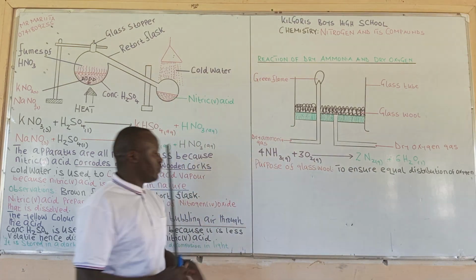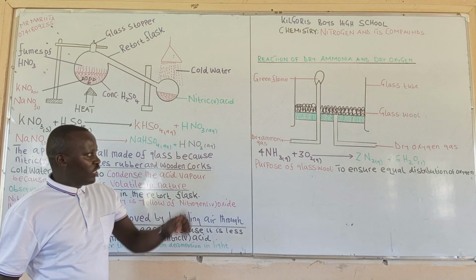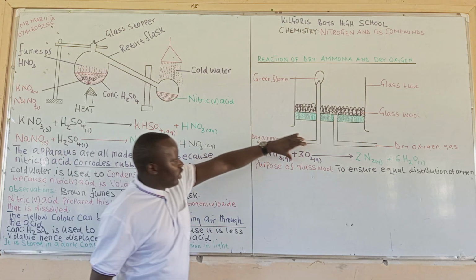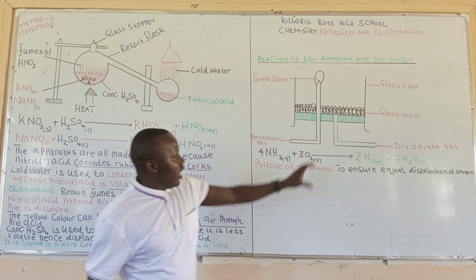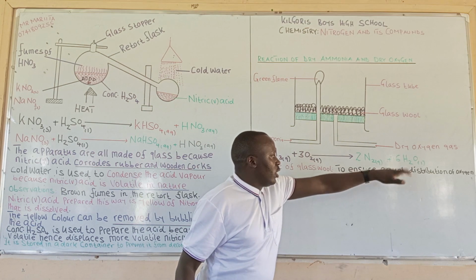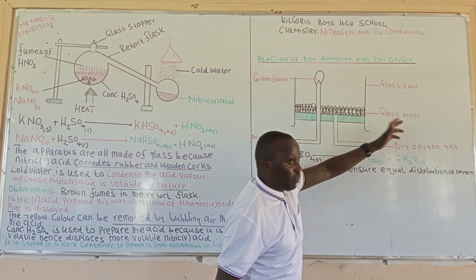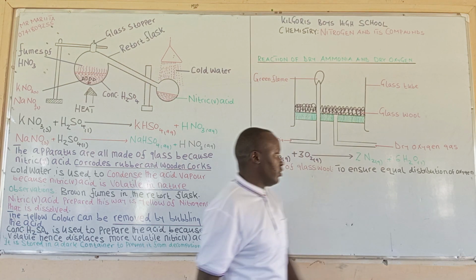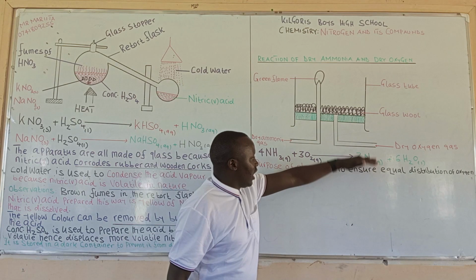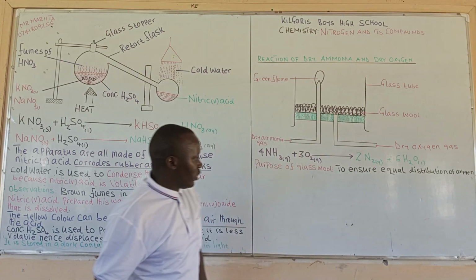For the equation of the reaction, you will have dry ammonia gas reacting with dry oxygen gas to produce nitrogen gas and water vapor, or just water in liquid form.